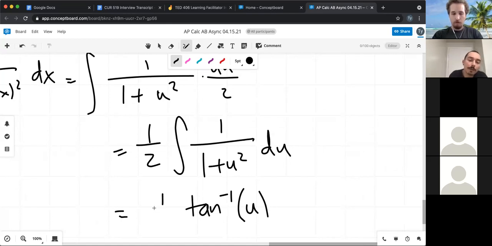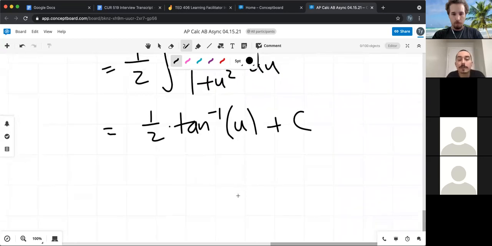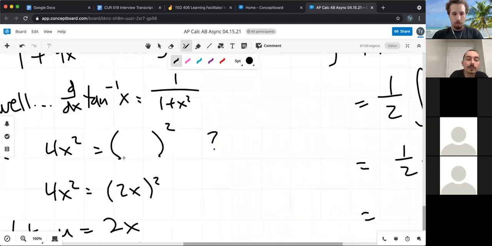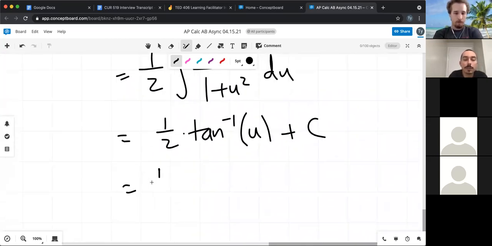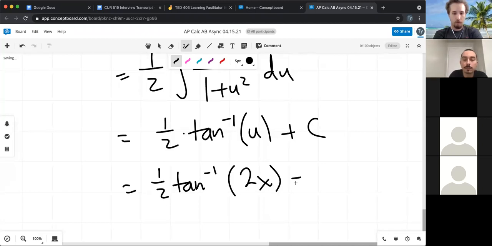But we have this half out front, so we need to keep it there. And this was an indefinite integral, so we need plus c. And finally, since we do not want u's, we want x's, we need to plug back in for u. And our u, again, was 2x. So we have 1/2 inverse tangent of not u, but 2x, plus c.